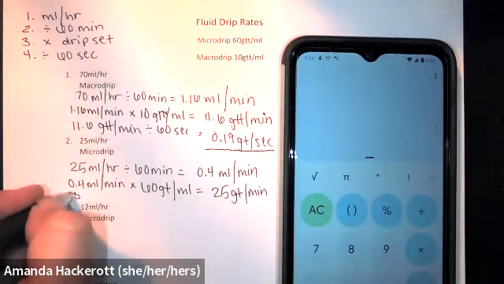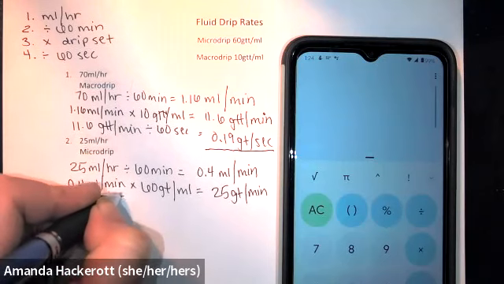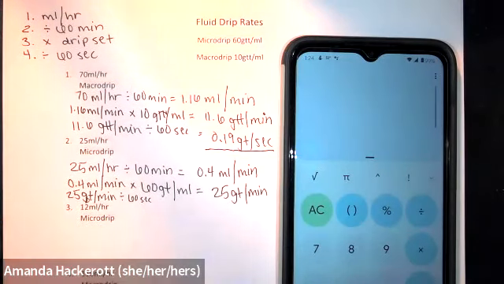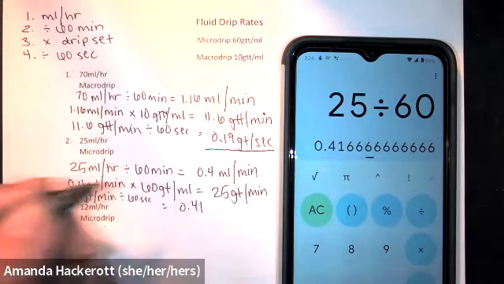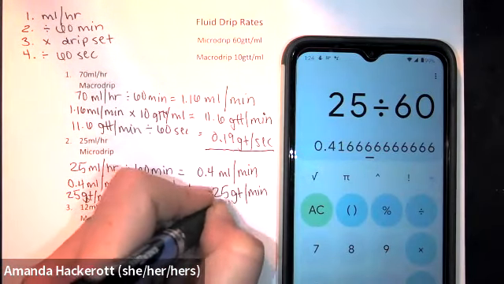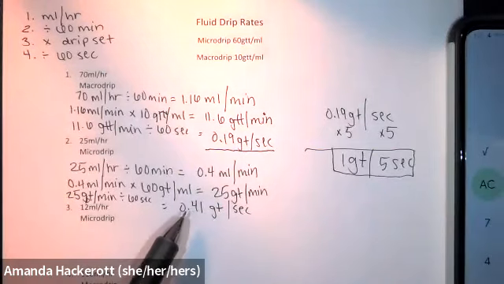So we're taking our 25 drops per minute and dividing that by 60 seconds. And that gives us 0.41 drop in a second. But again, I can't watch for a fraction of a drop.